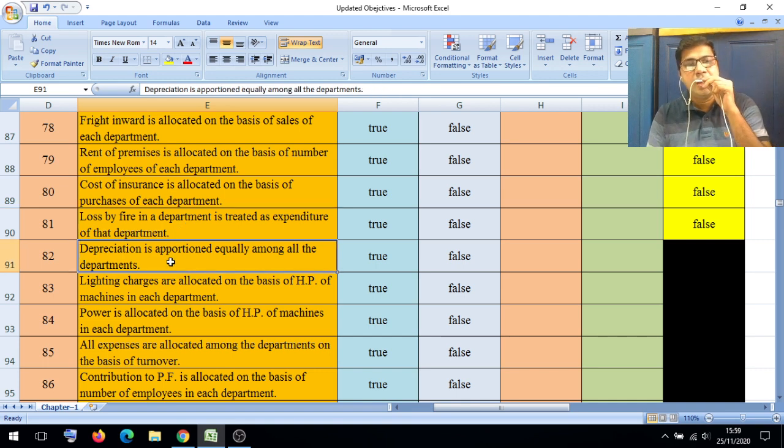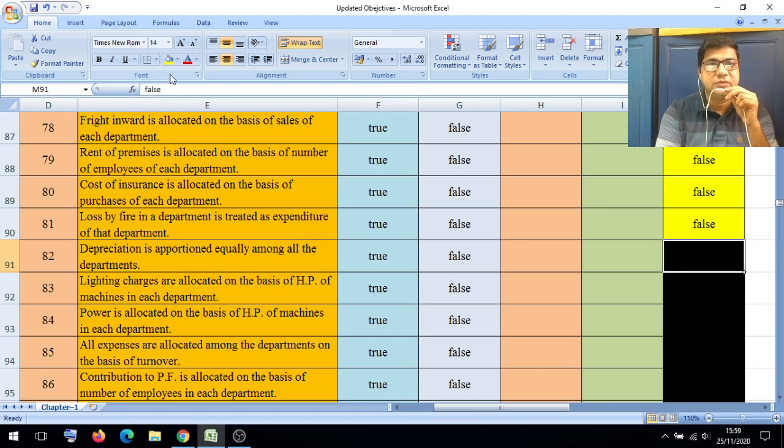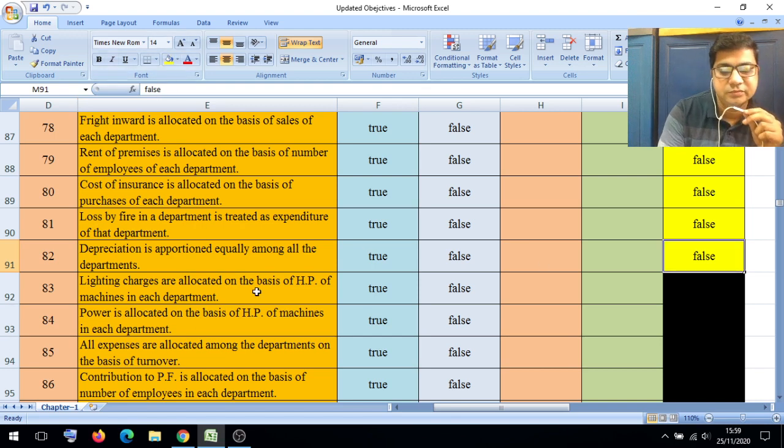Depreciation is apportioned equally among all departments, so it is false. It depends on the number of days used by the department. Lighting charges are allocated on the basis of the HP, hire purchase, of the machine in each department.